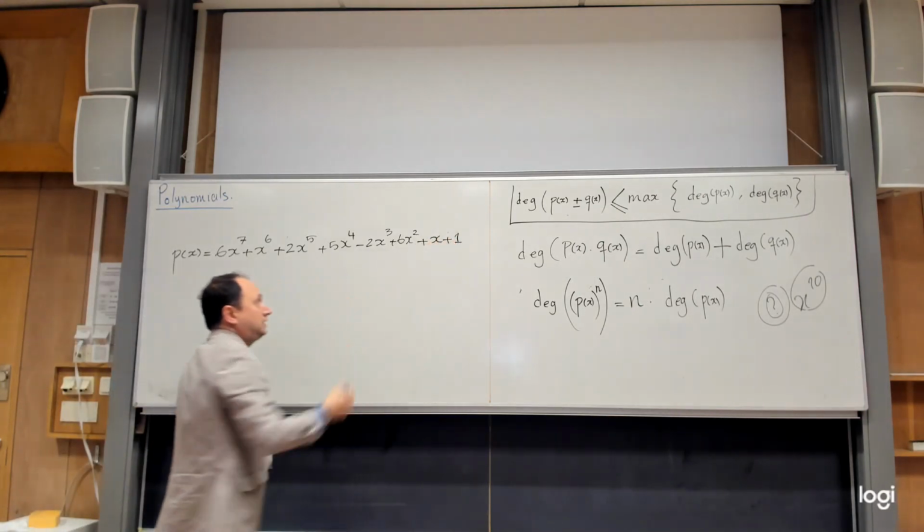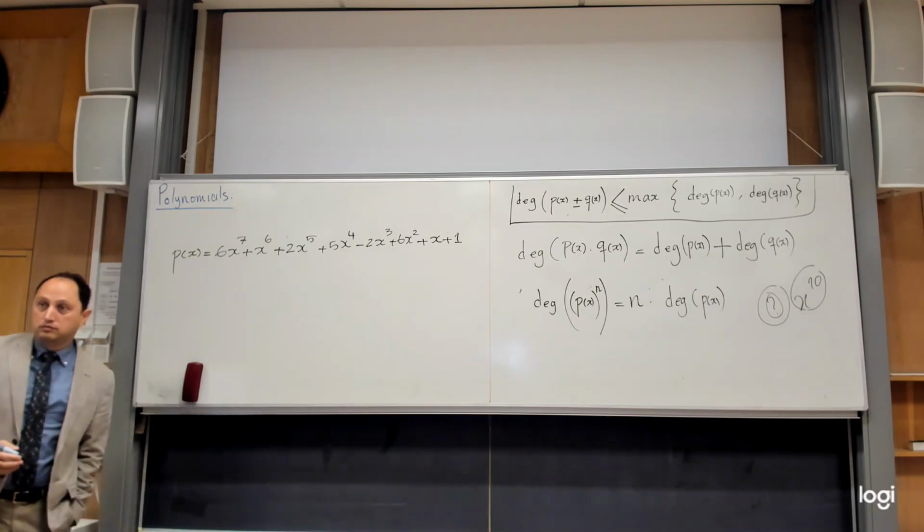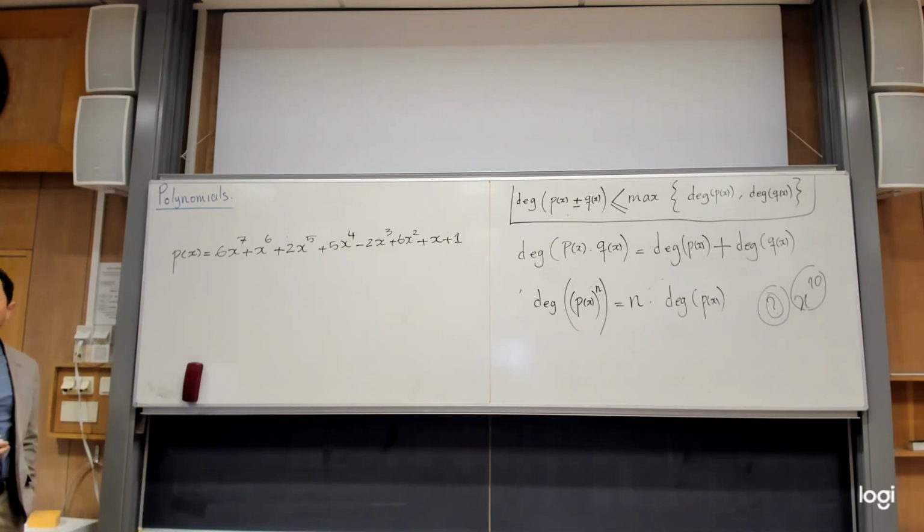So, do you agree that this is a polynomial? Yes. It's a long polynomial of degree? 7. That's a polynomial of degree 7.